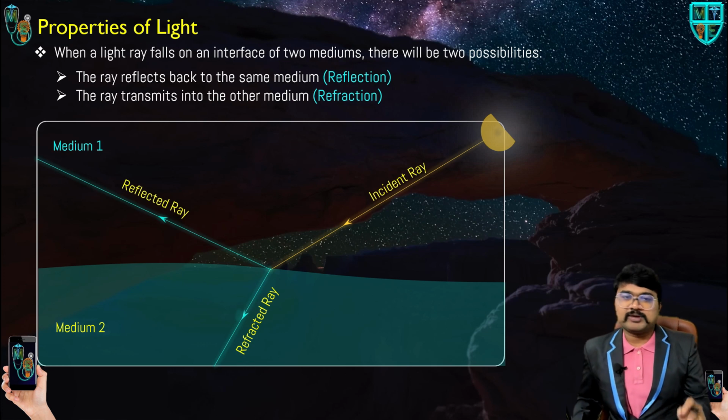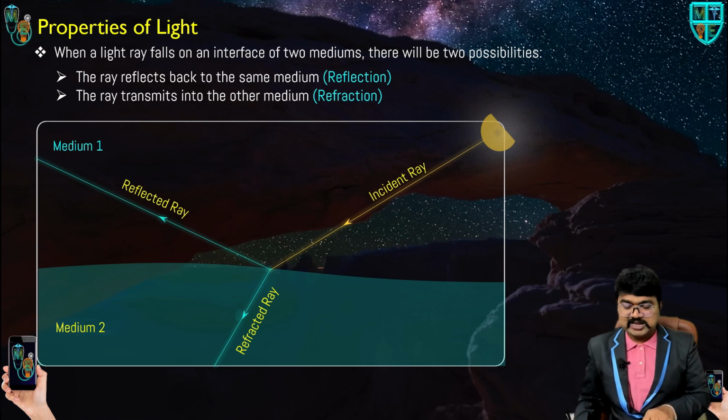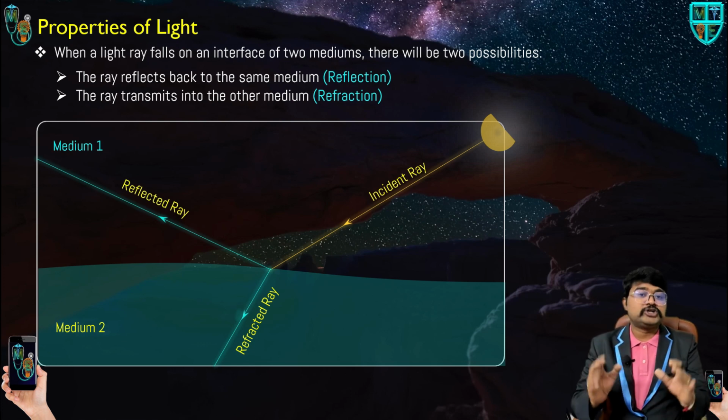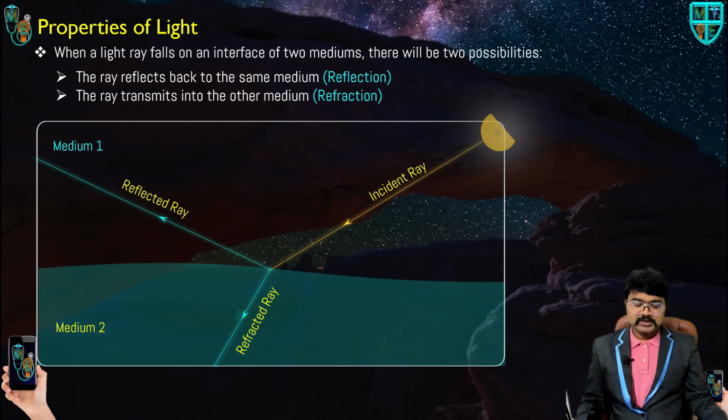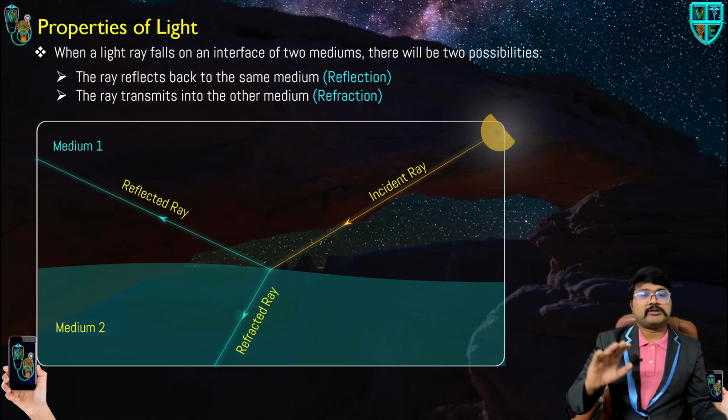The incident ray comes from medium 1 and the reflected ray is back in the same medium. The refracted ray transmits into the other medium. In case of the refracted ray, the medium will be different.